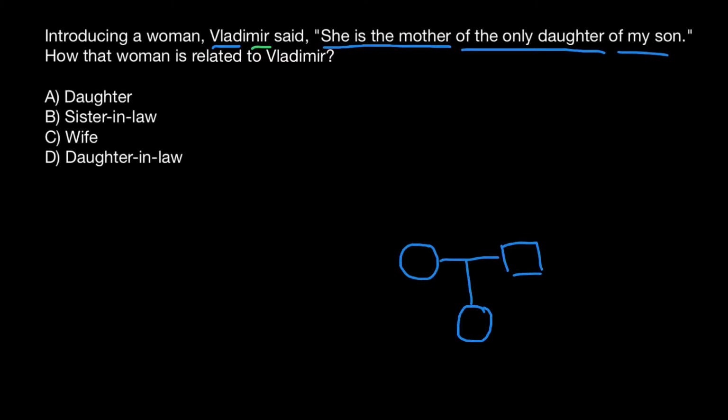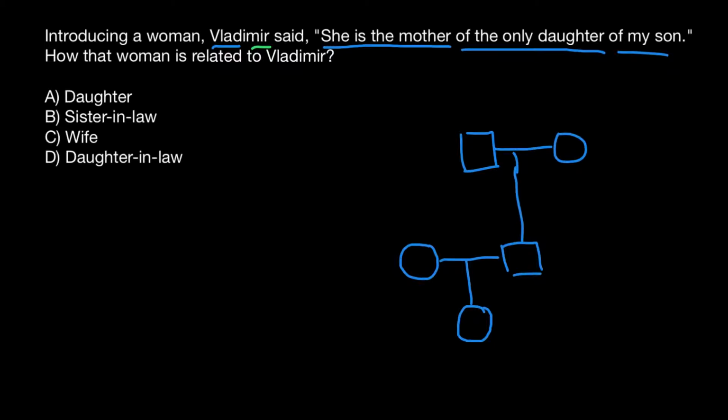So now in the picture we have another man, who is Vladimir, and let's also add his wife here, because every child has both parents, father and mother. Her mother is not mentioned, but we need her for a better understanding of this pedigree.